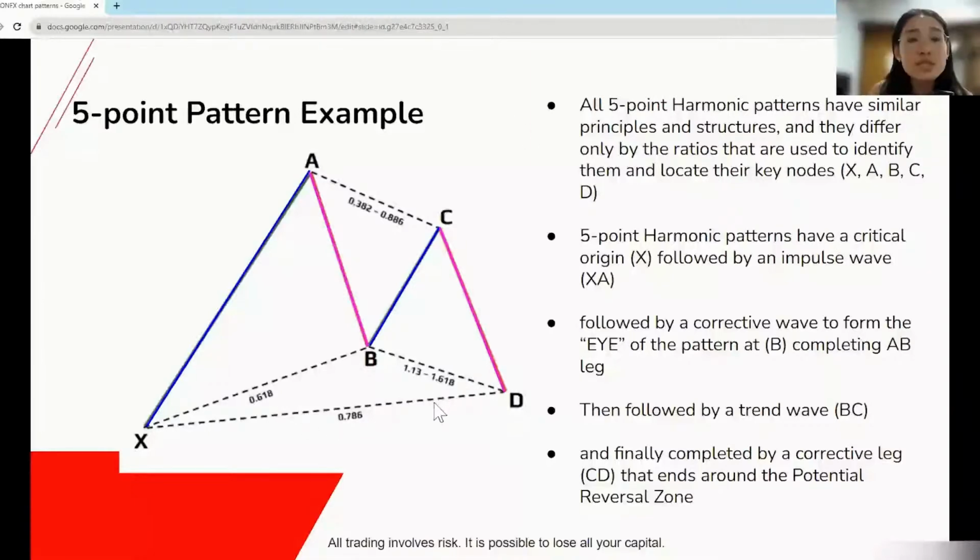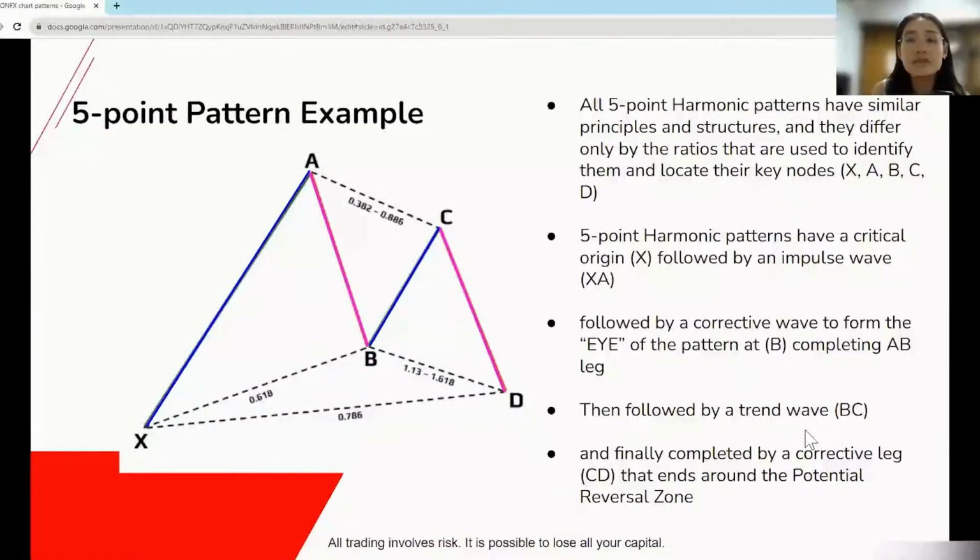I've included the Fibonacci levels as well, just for your reference. From point A to C, it uses 38.2 to 88.6. X and B, 61.8. X and D, 78.6. And B to D uses more than 100% levels. But that's just for your reference.